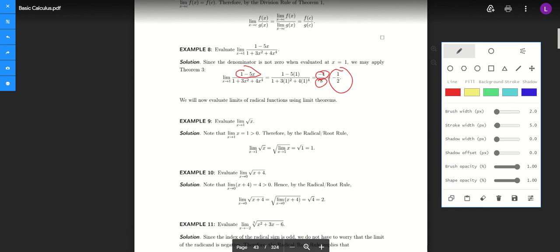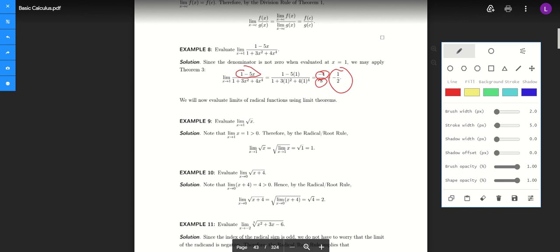So we're asked to evaluate the limit of square root of x as x approaches 1. So take note, our answer here would probably become greater than 1. It's because once we get the square root of a certain number, it's either 0 and higher.